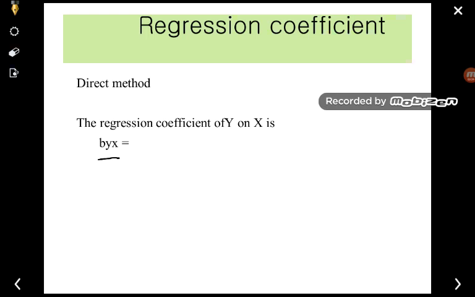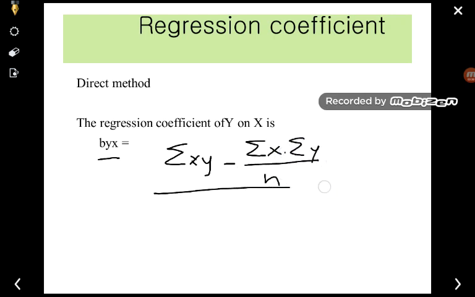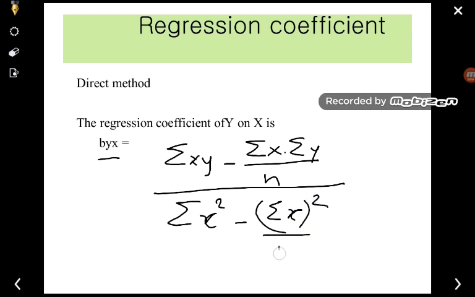Therefore, it can be represented by the formula: summation of xy minus summation of x into summation of y divided by n, whole divided by summation of x square minus summation of x the whole square by n. So this is the formula for the regression coefficient of y on x.